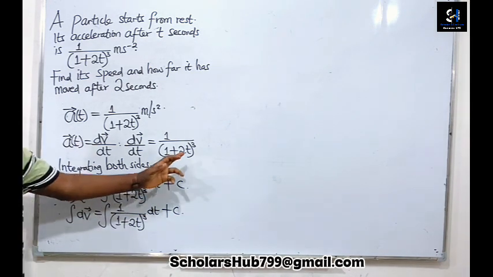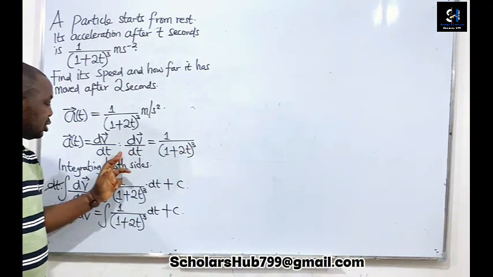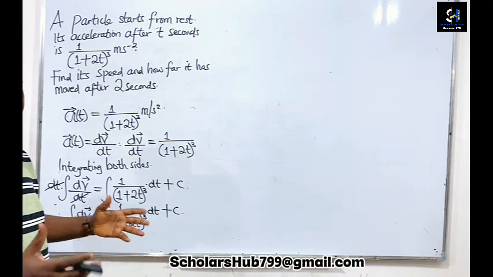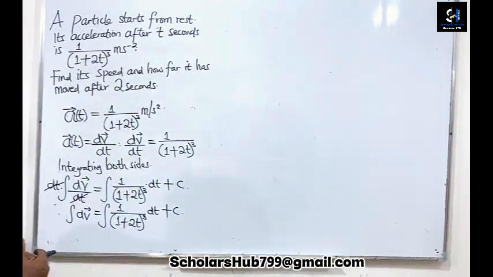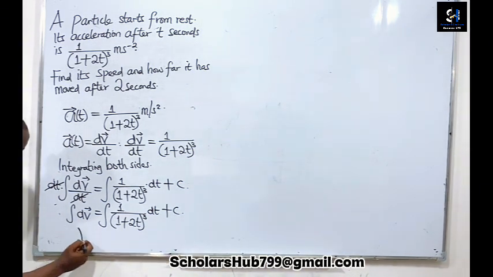Of course, we can do it from here as well, multiplying through this equation by dt before introducing the integral sign. Now the integral of 1 dv will be v.